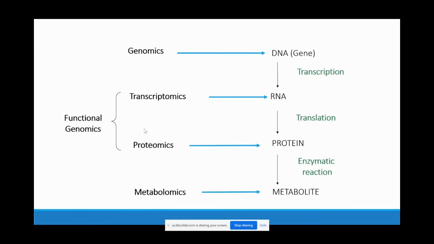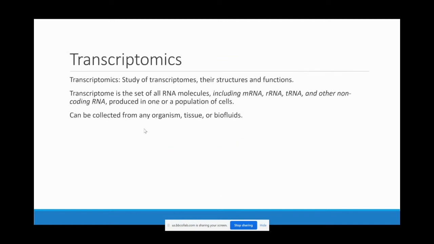Okay, so let's now move to transcriptomics, which is, again, looking at the study of transcripts or RNA. So here we're studying all of the RNA molecules. That includes mRNA, messenger RNA, ribosomal RNA, transfer RNA, and other non-coding RNAs.